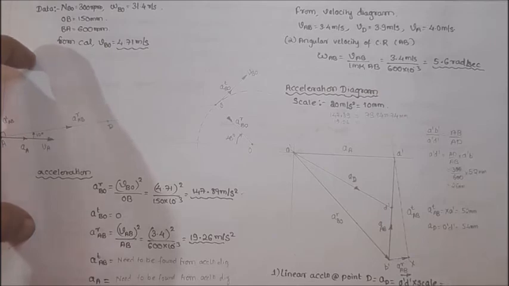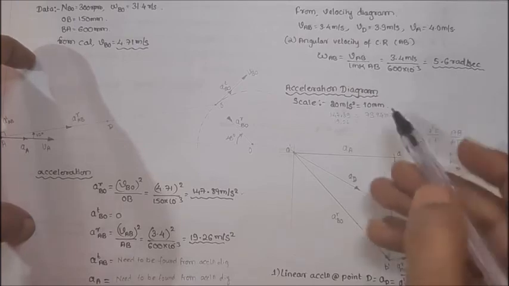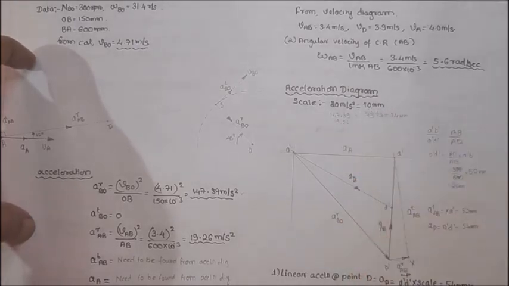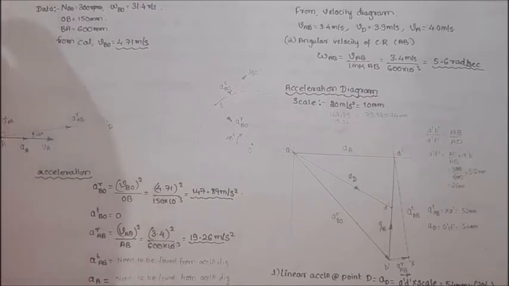So the O dash D dash vector's value is 54 mm into scale. Scale we had here, it will be 20 divided by 10.